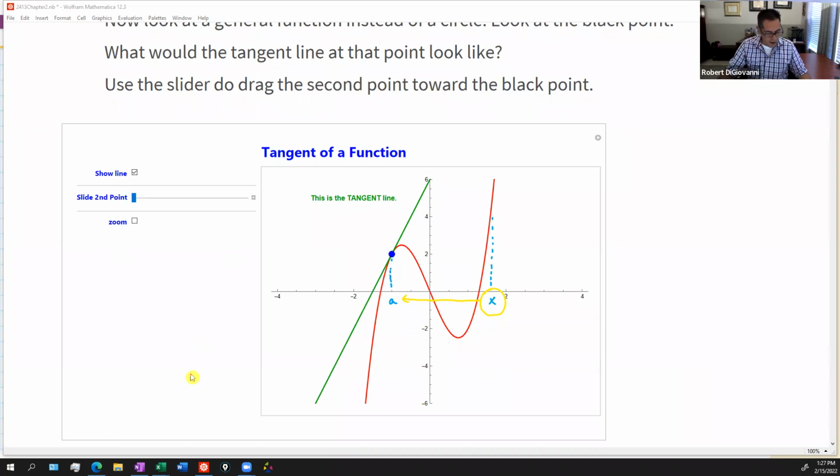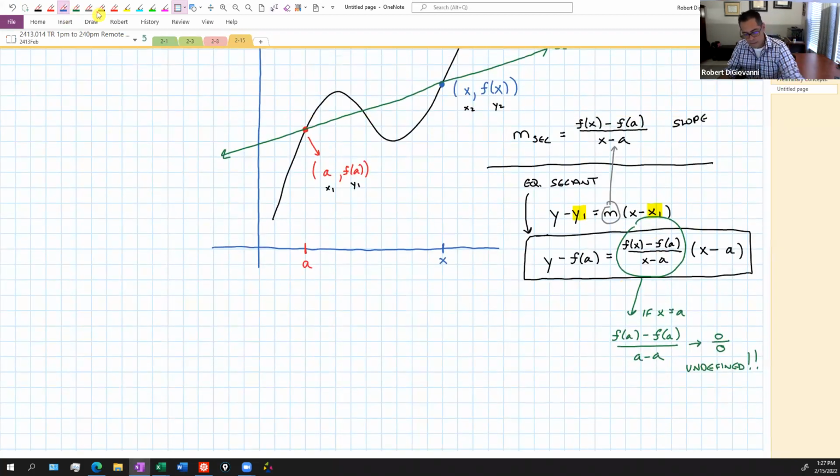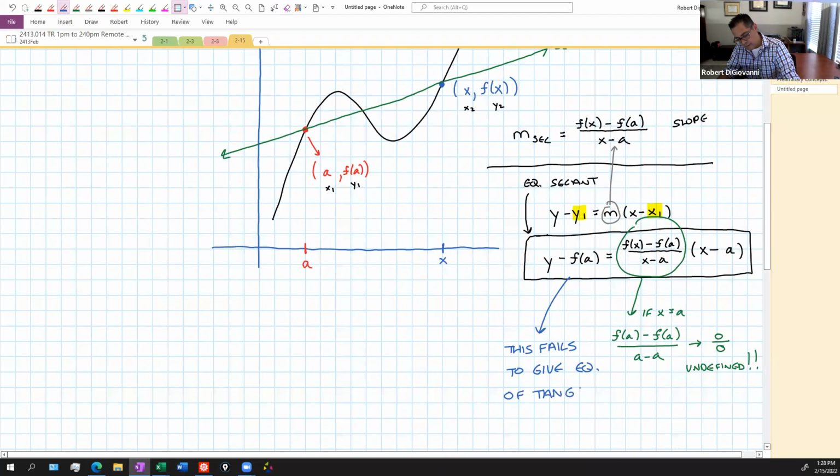So what I'm going to do now is I'm going to say, all right, well, this fails to give the equation of the tangent line, because x will be equal to a, and then we get this.